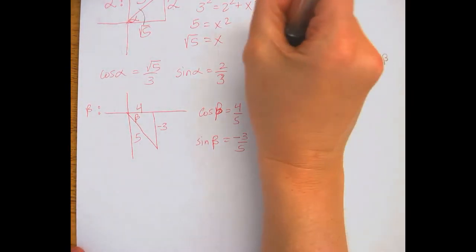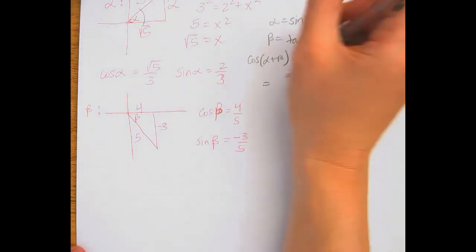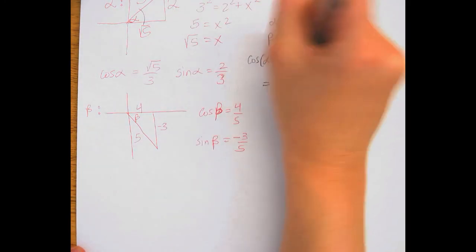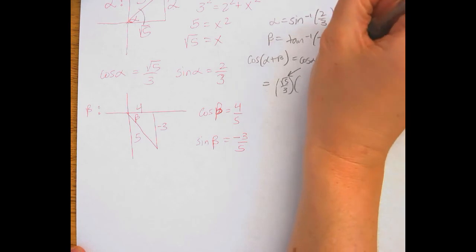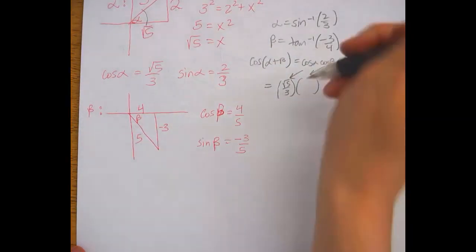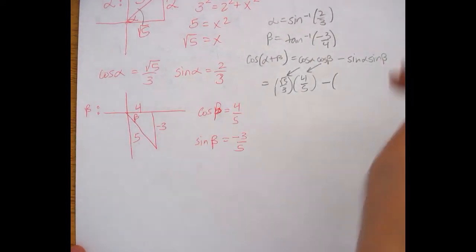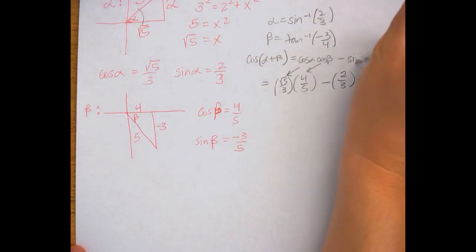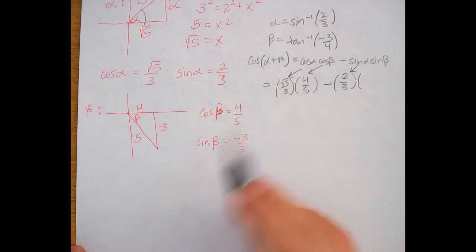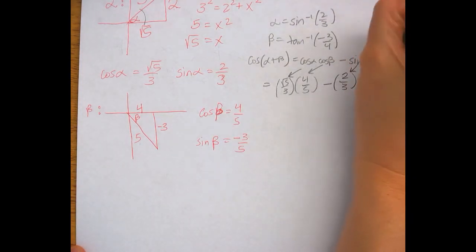Okay, so then cosine alpha we know is rad 5/3. Cosine beta we know is 4/5. Sine alpha we know is 2/3. And sine beta is negative 3/5.